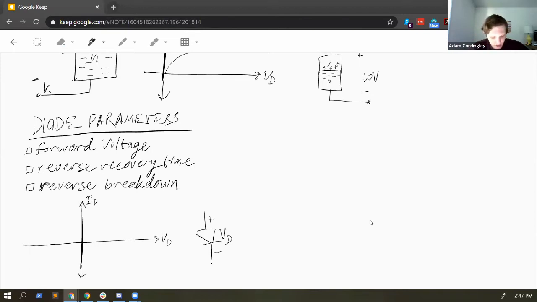At about 0.7 volts, we get this effect: the current starts increasing dramatically as the voltage goes up.